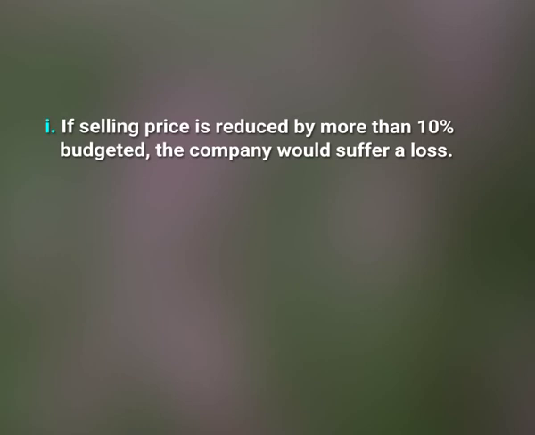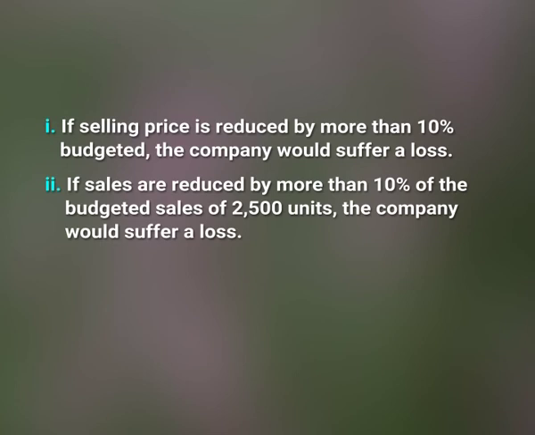Now, the solution for this: the changes in the sales revenue and cost on profit can be analyzed with the help of sensitivity analysis as follows. First, if selling price is reduced by more than 10% of budgeted, the company would suffer a loss. Second, if sales are reduced by more than 10% of the budgeted sales of 2,500 units, the company would suffer a loss.